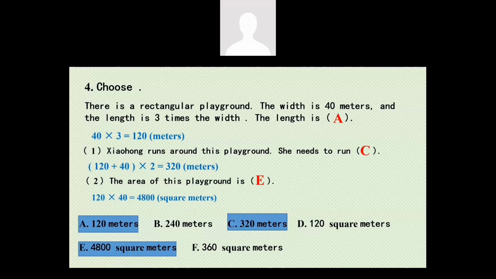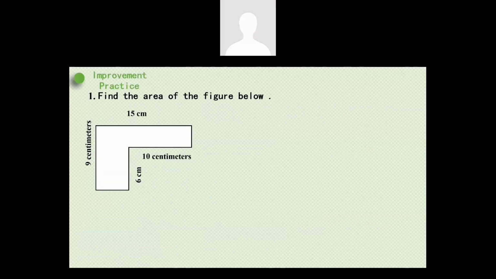You can check on the screen. Okay, great. Remember again, one lap is perimeter. Area is in square meters. We must remember. All right.